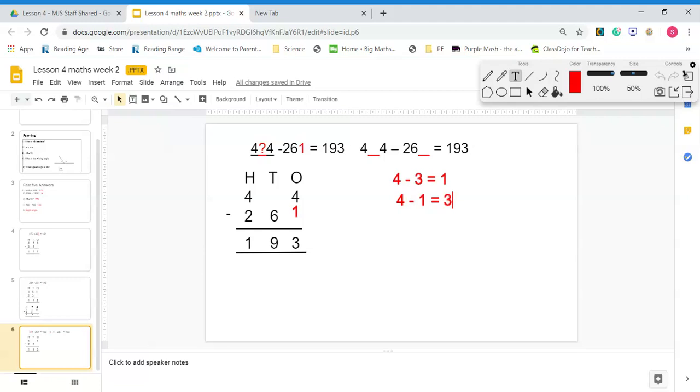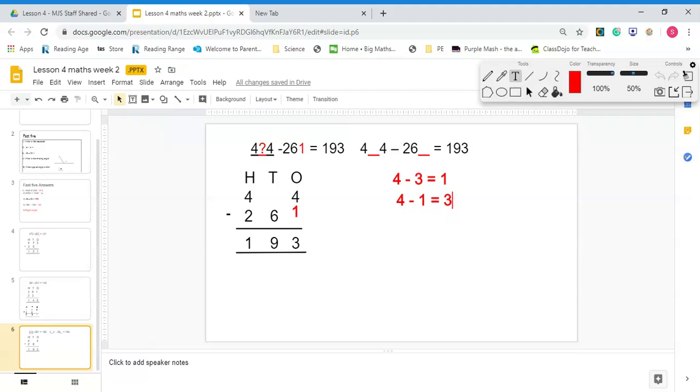We then have to calculate what we have to subtract 6 from to get to 9. Now, it can't be a single digit number, so we know that we've got to do some form of regrouping. But we can use a technique we've used already to find out what the missing tens column is going to be.